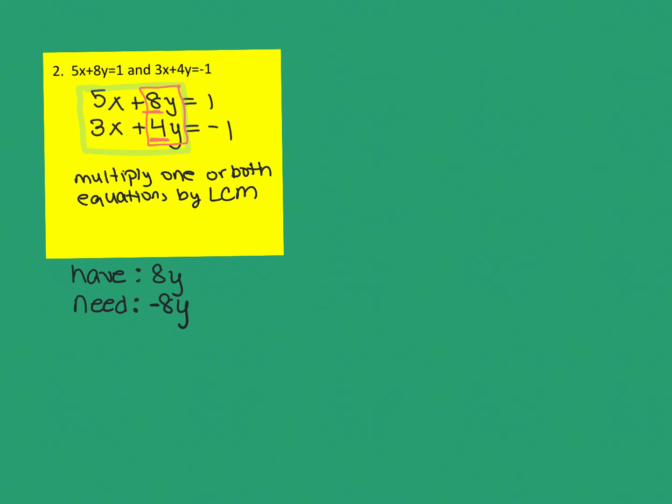So I'm going to come over here to the side and I'm just going to rewrite. So I have 5x plus 8y equals 1 and 3x plus 4y equals negative 1.